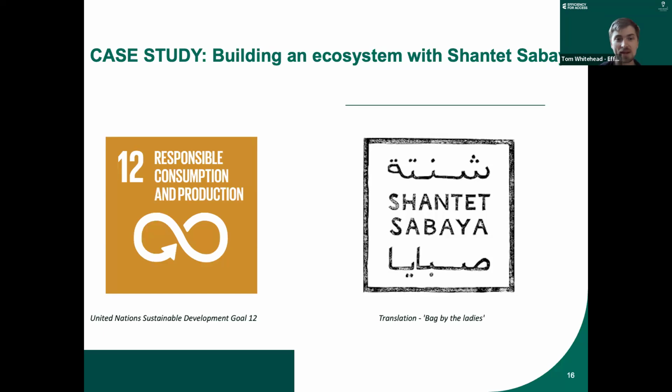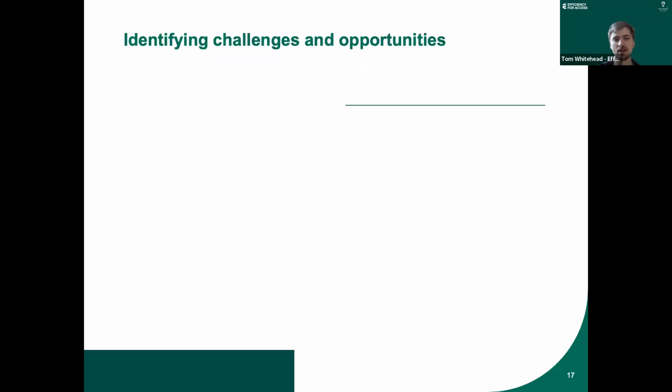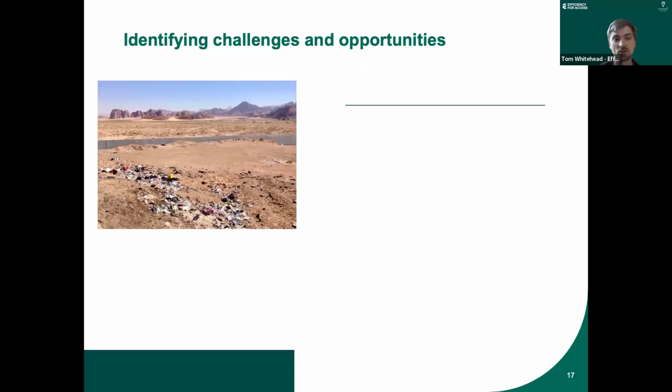And it really started through an identification of the challenges and the opportunities, which is what we're trying to do today. So in Jordan, it's got some stunning landscapes. This is Wadi Rum, where they filmed Star Wars, and yet there's a real problem with waste management and single-use plastic, so I really tried to build an ecosystem.